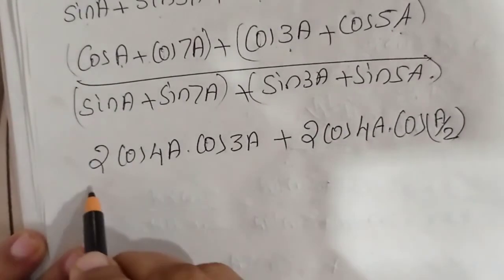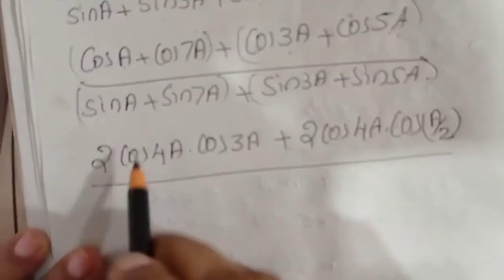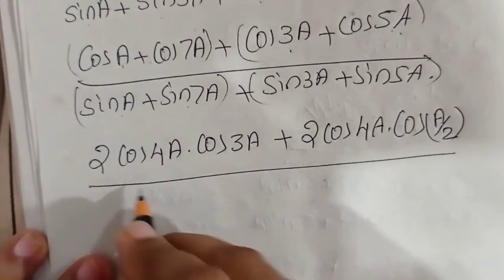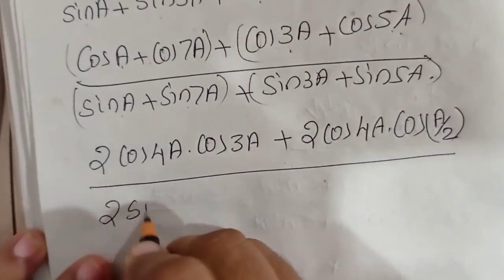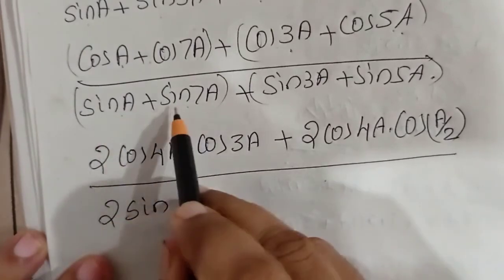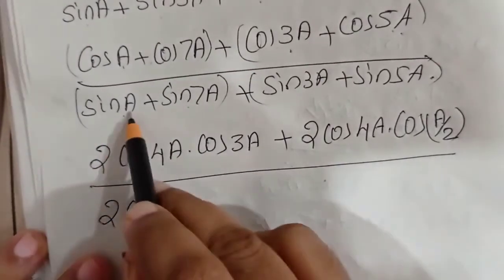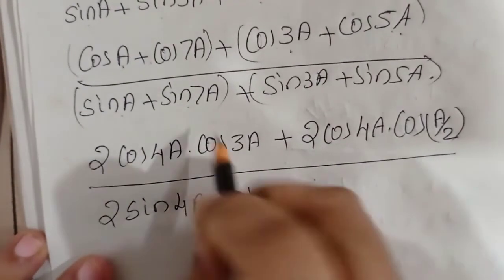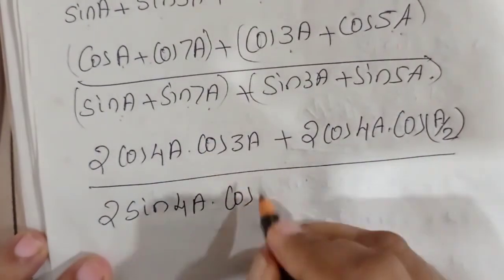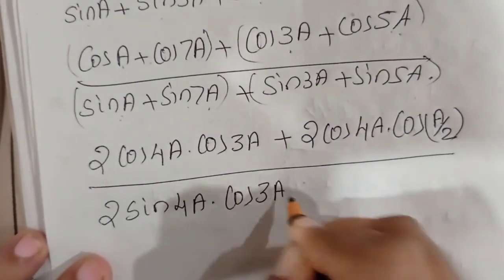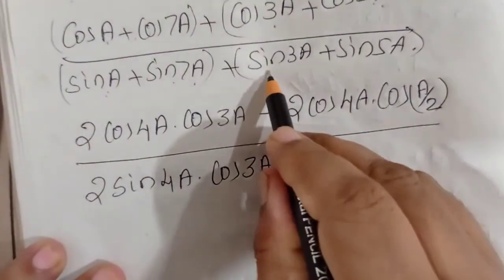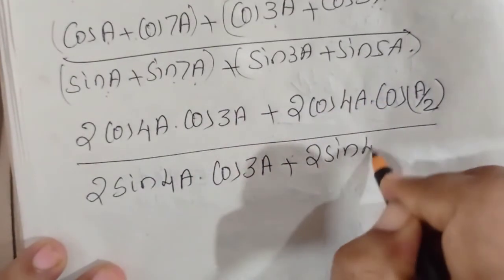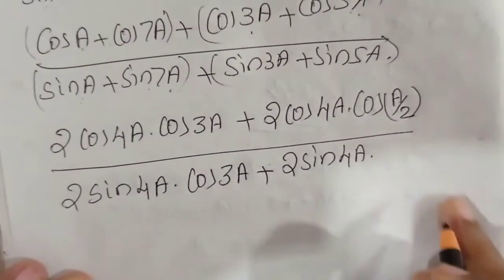Okay. Now in the denominator, what is sin C plus sin D? Sin C plus sin D is 2 sin (C plus D)/2. So 2 sin of 7A plus A, 8A by 2 is 4A, cos of 7A minus A, 6A by 2 is 3A. Plus. Again sin C plus sin D: 2 sin of 5A plus 3A by 2, that is sin 4A.